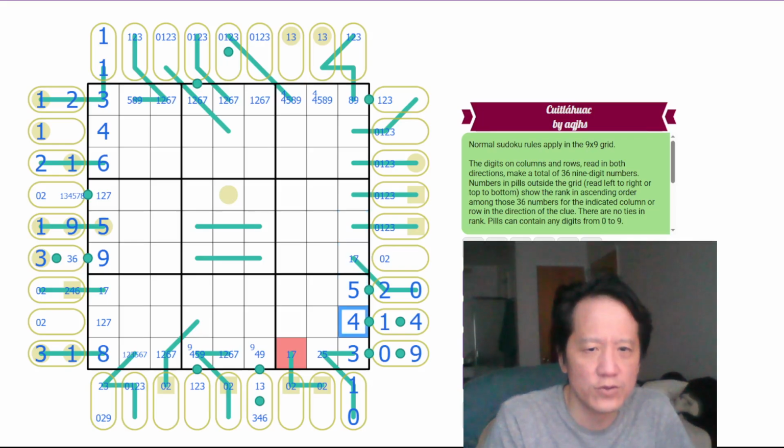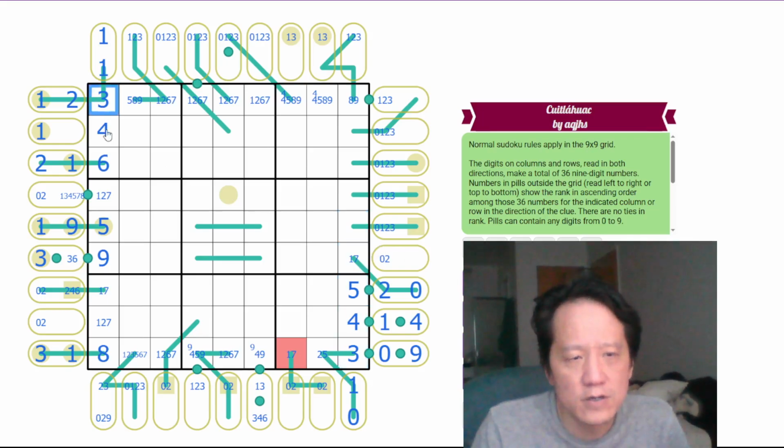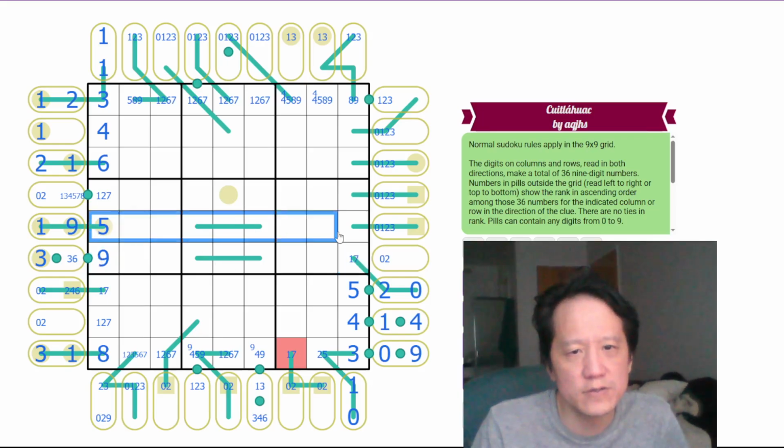Yeah. So 3, 4, 5. So we have all the 3s. 5, 1, 7.